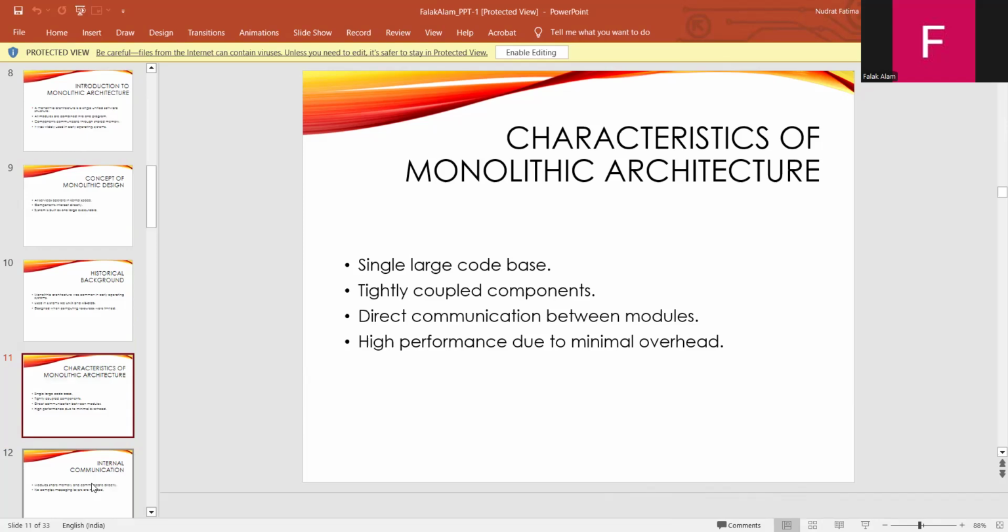Moving forward with the fourth point, that is high performance due to minimal overhead. The architecture provides high system performance because there is minimal overhead in the communication. Since there is minimal overhead, automatically the performance would be high.